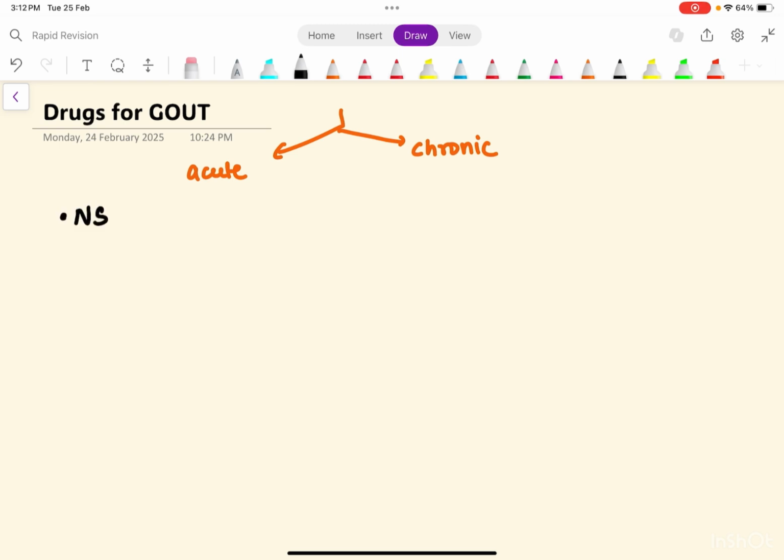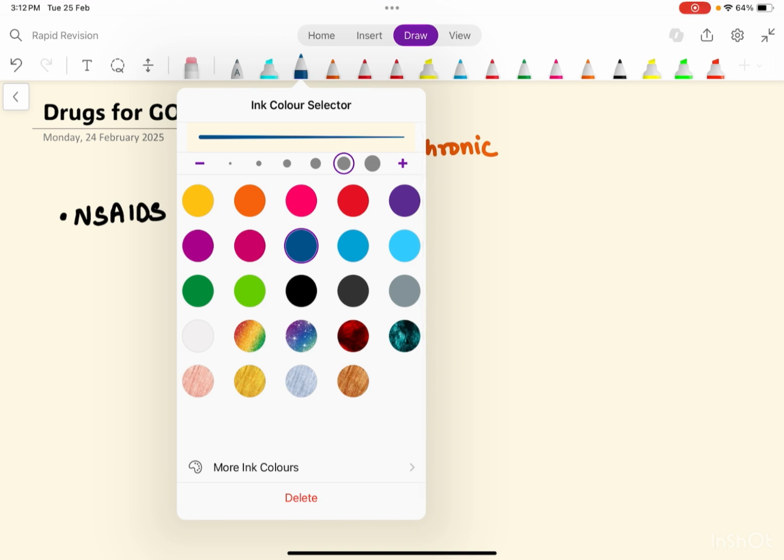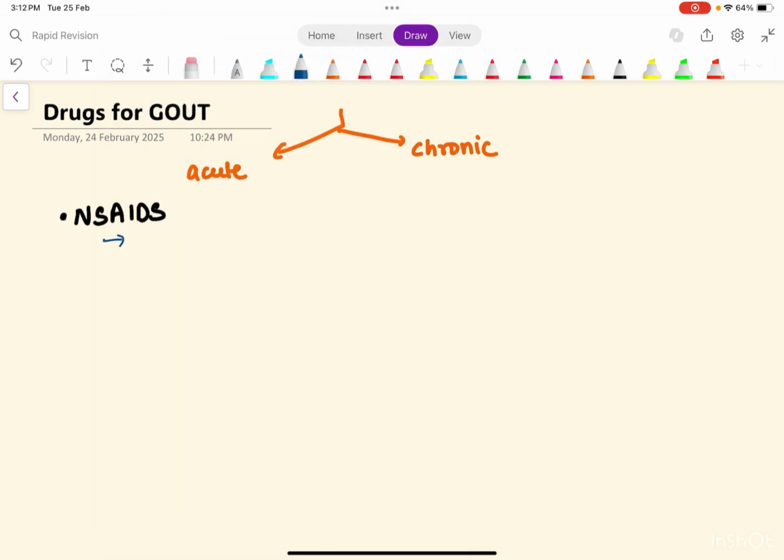All right, in acute one, the first one is NSAIDs. Now in NSAIDs, you need to remember 2 points, which are that basically we prefer indomethacin, and aspirin is not used because it increases uric acid in plasma.